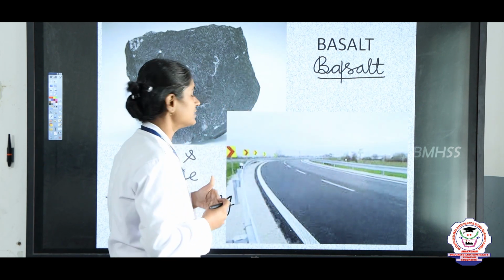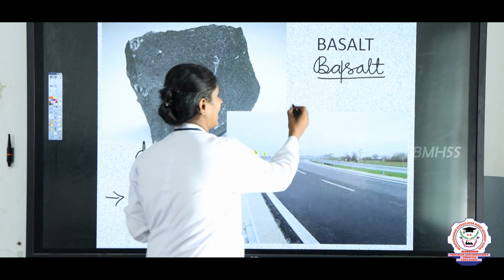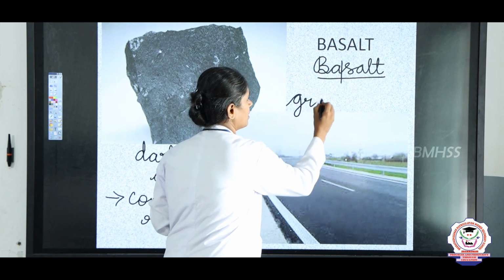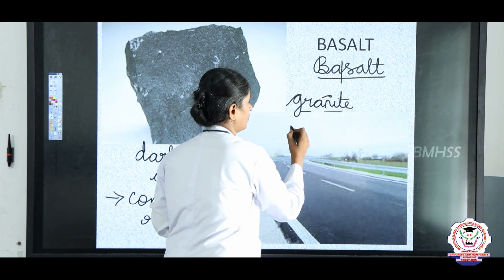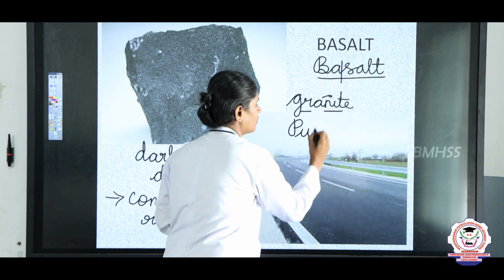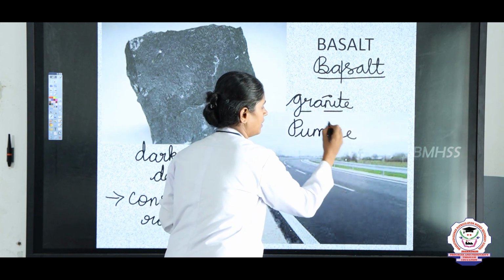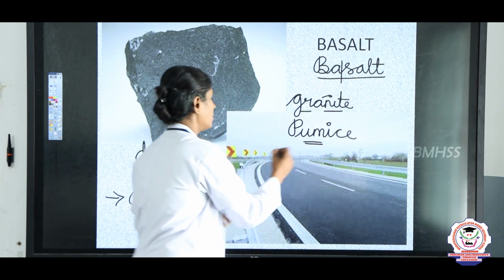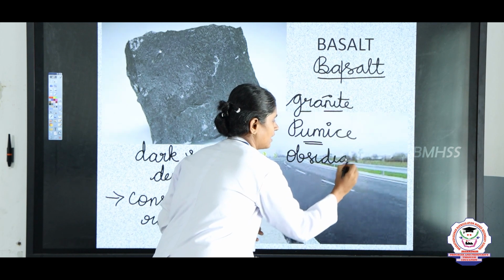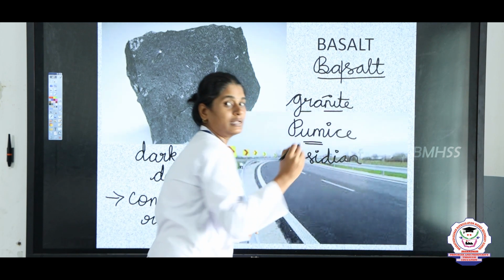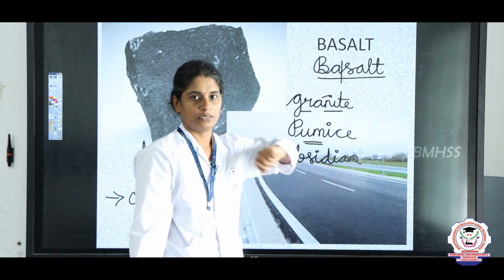We saw what the examples of igneous rock are. We saw granite, G-R-A-N-I-T-E, and pumice, P-U-M-I-C-E, and obsidian, O-B-S-I-D-I-A-N, and the fourth type that we saw is basalt, right.